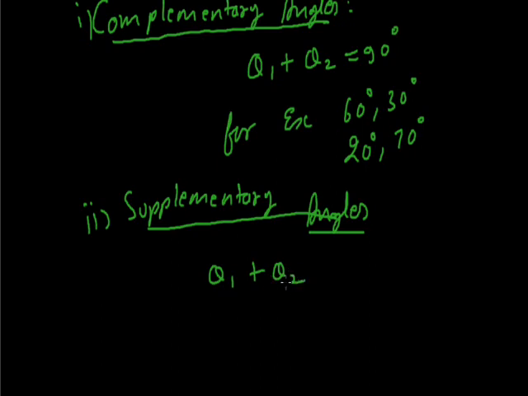If the sum of these two angles is 180 degree, then we can say these are the supplementary pairs or supplementary angles. For example, 130 degree and 50 degree. These two angles have a sum of 180 degree because 130 plus 50 is 180 degree. So these make supplementary angles.